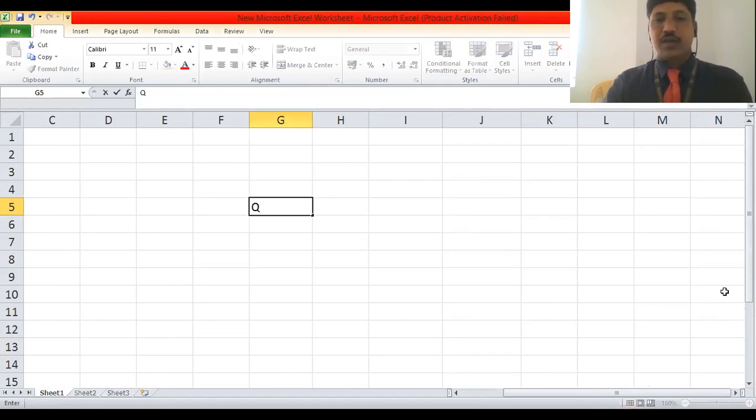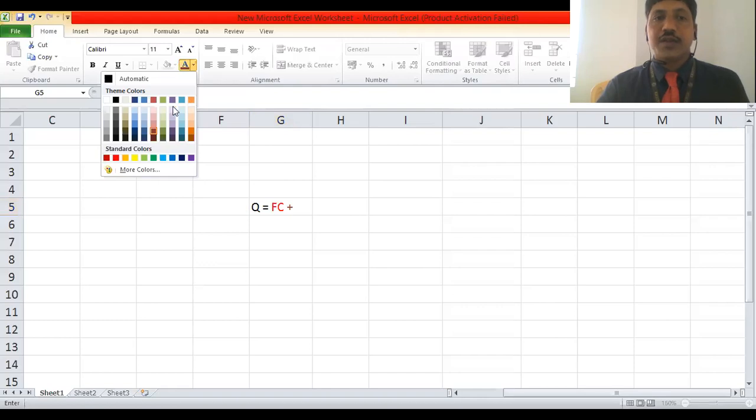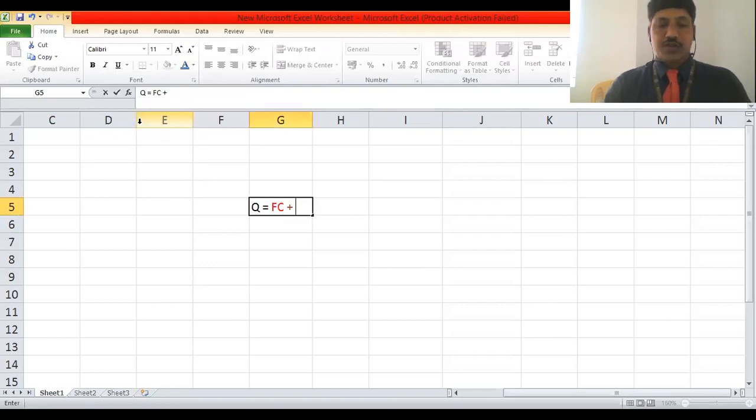Quantity required is equal to, what is required? First one is fixed cost, plus what another thing is required? Fixed cost plus expected profit.